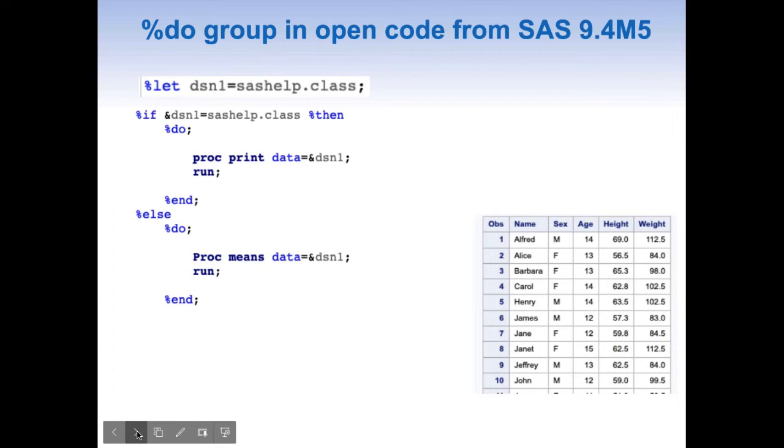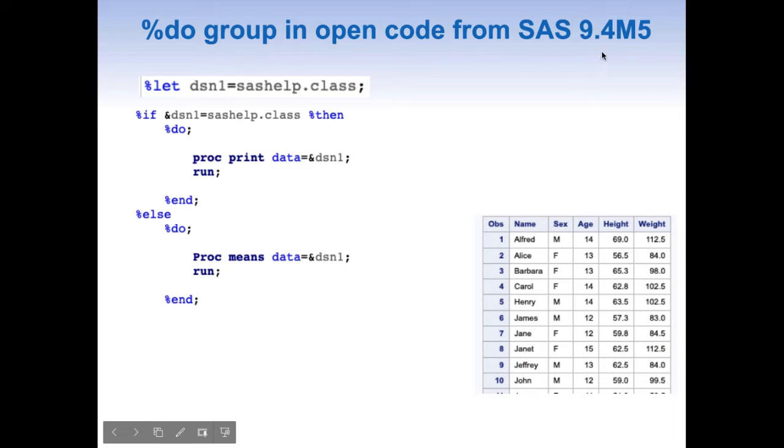Now let us try to understand another important aspect of %do group. The advantage of %do group is we can run %do groups in open code also, and this started from SAS 9.4 M5. As you have seen earlier, whenever we wanted to run any of %if, %then, %do, all I was showing you was to embed them in a macro and then run them.